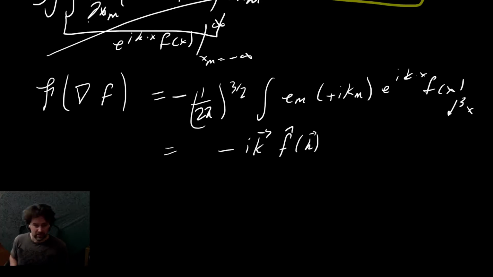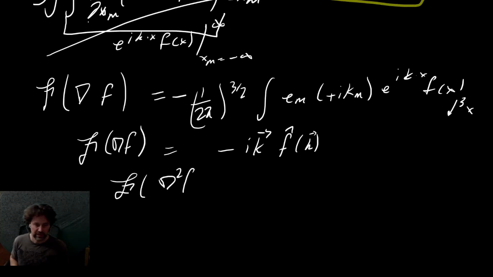Nice. All right, so there's a Fourier transform of grad f. So if we take the Fourier transform of grad squared f, we'll bring down minus ik squared f hat of k.